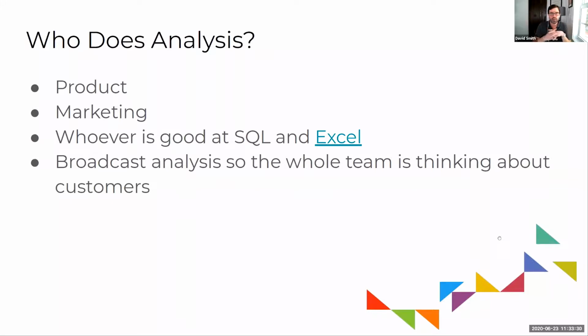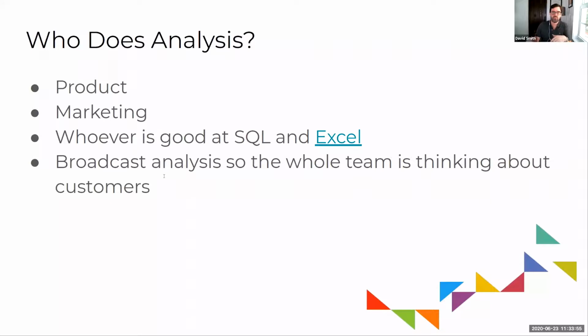In startups, people wear different hats, and you might have the person who's doing product also doing marketing, some engineer who's really good at SQL and Excel, or maybe it's a combination of people. So you just need to figure out who's the right person on your team who's interested in this and has the skill set and can get the data and convert it and turn it into something meaningful.